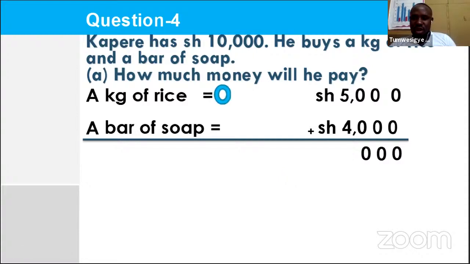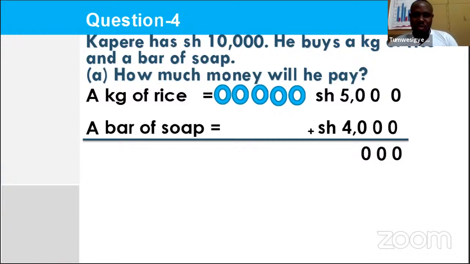You count 1, another one, 2, another one, 3, another one, 4, another one, 5.